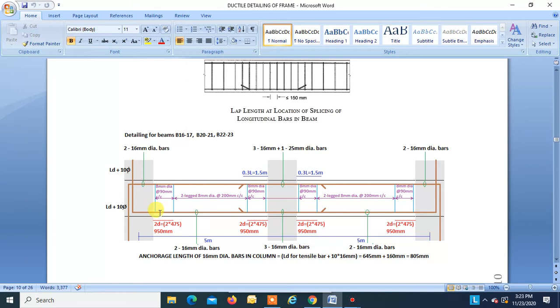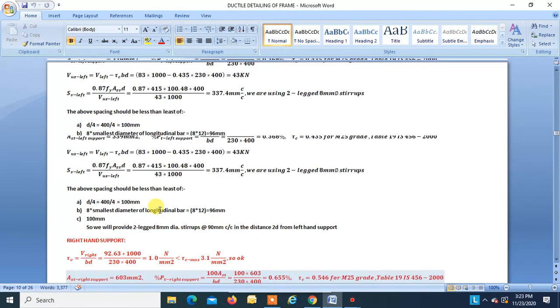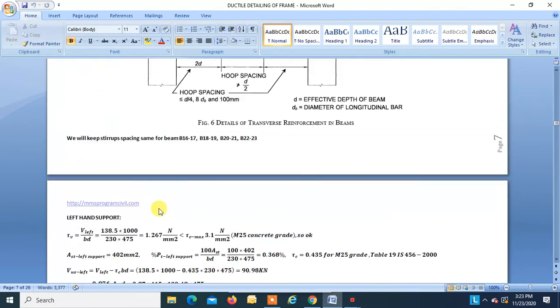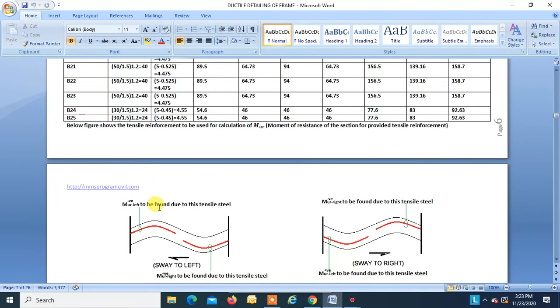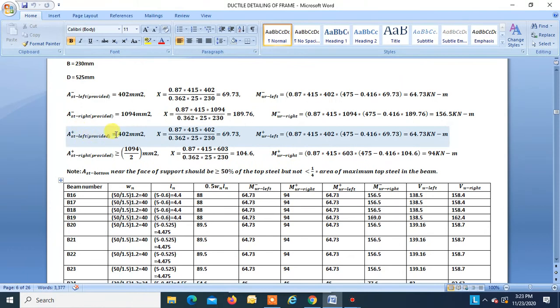The area of this is 402 mm square. So we will take over here 402 mm square. Find x, find moment. So this is your M positive left, which is 64.73.